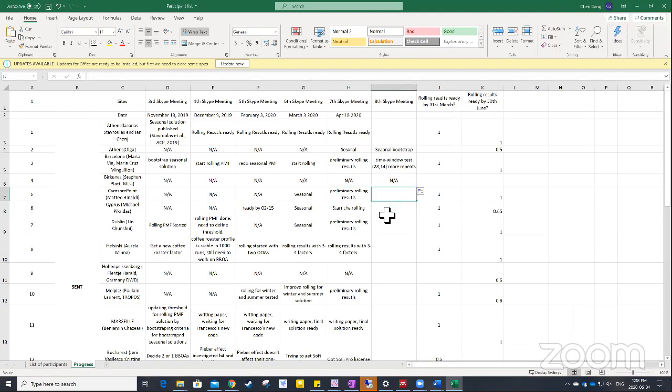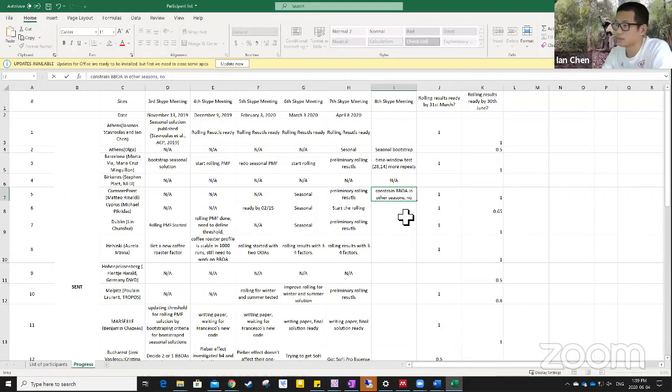Just as I said, I have updated rolling results with constraining BBOA differently in summer, because we don't expect BBOA in summers. But we constrain BBOA in other seasons. Then we combine 2 SDF files together and get the final solution.